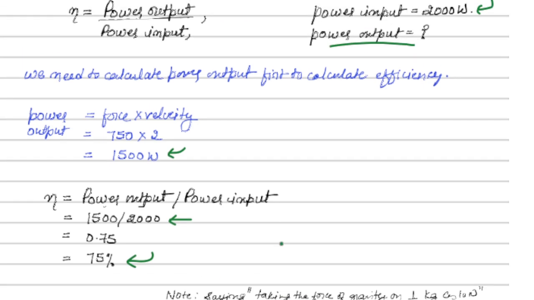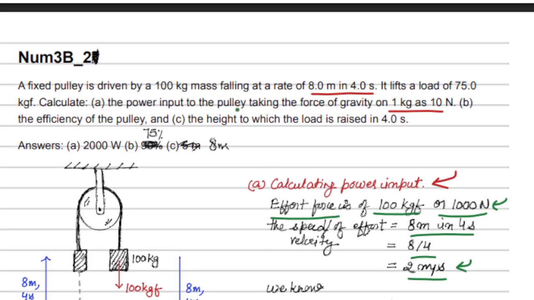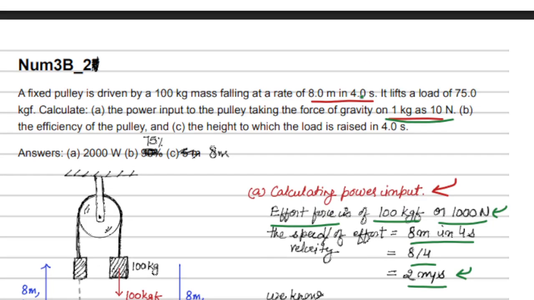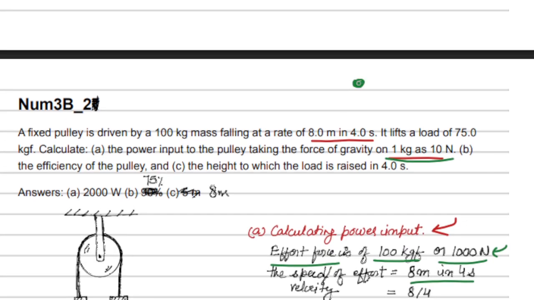Here is a note, like here they said a different way to take the value of g, right? They are saying, taking the force of gravity on 1 kg as 10 Newton. So if there is 1 kg, it will have a 10 Newton force, of course, you are calculating mg, right?